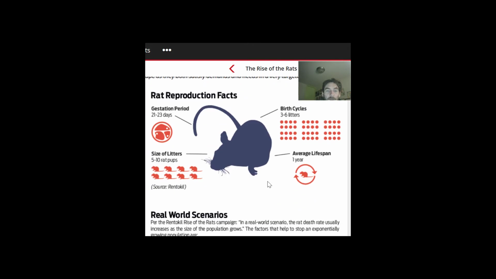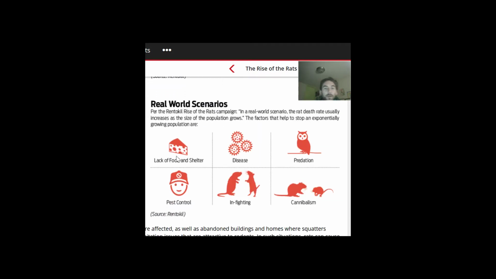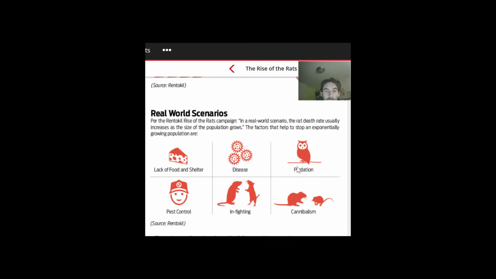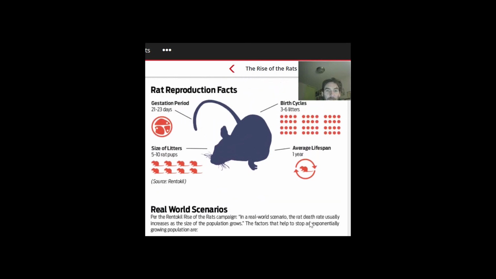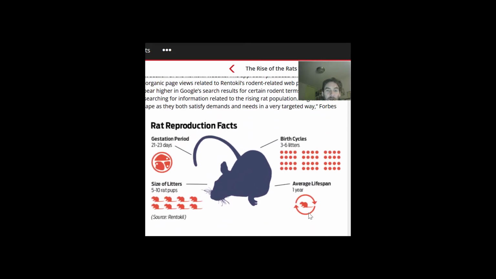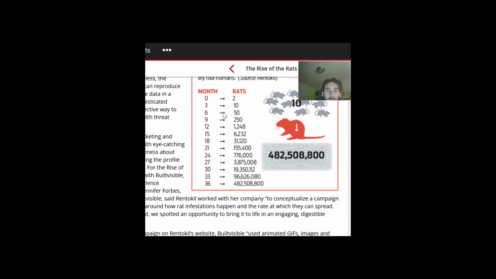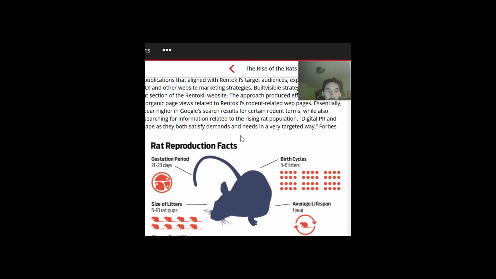And the reason is because, look, there's not going to be an unlimited amount of food for the rats. There might be some disease. There's got to be some predators out there. People have to be doing some sort of pest control. The rats might eat each other, whatever, right? But under ideal conditions, the population can grow pretty quick.